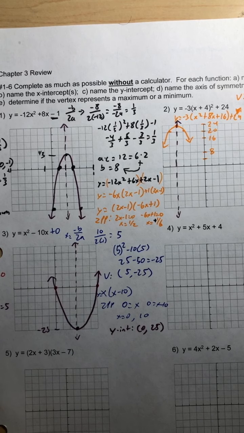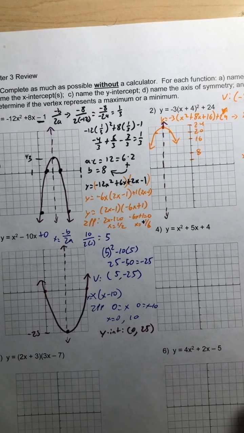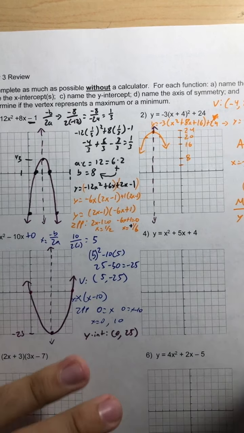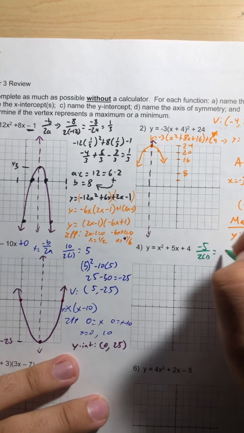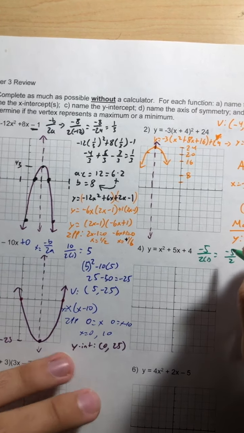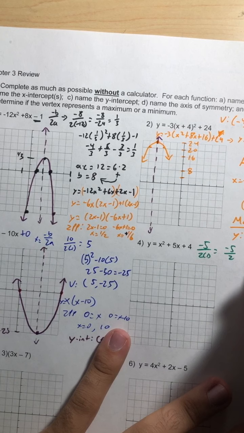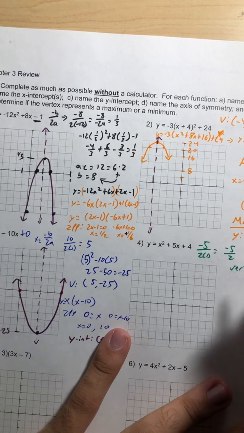All right, number 4, sorry. Not great to use opposite b over 2a, I'm going to get another decimal, but I'm going to need to find my vertex either way. So opposite 5 over 2 times 1. Negative 5 halves is the x value. To find the y value of my vertex, I'm just going to plug that in.